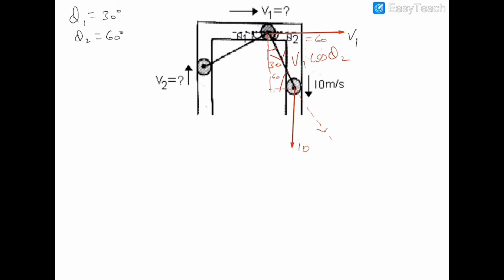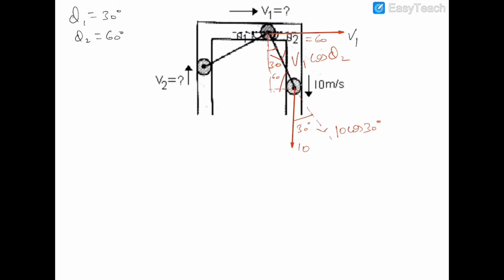So I can say that this angle is also 30 degree. So if I resolve this velocity 10 along the rope, it will be 10 cos 30.